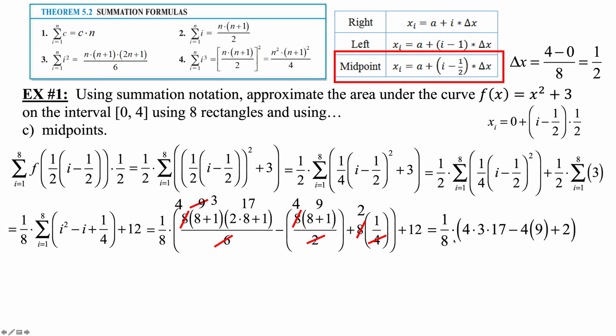So this is 1/8 times the 4 times the 3 times the 17 minus 4 times 9 plus 2. And then don't forget the plus 12. And so all of this became the 21.25, plus 12 is 33.25, which gives me a much better approximation.